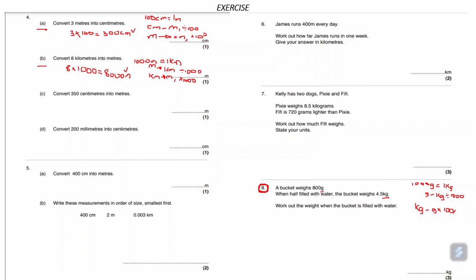So the next step is we need to go back to the question. First things first, the weight of the bucket. Converting this 800 gram to kilogram, you divide 800 by 1000. So that will be 800 divided by 1000.